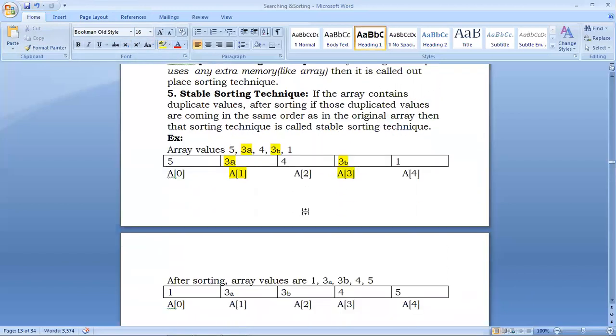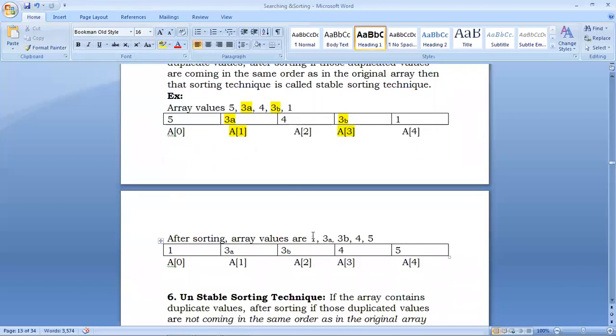After sorting, the array values are 1, 3, 3, 4, 5. That is the order. The first value is 1. Then see here the first duplicate value, that is 3. We assume that 3a is the first duplicate value. What is the position of 3a? a[1]. And the second duplicate value is 3b.